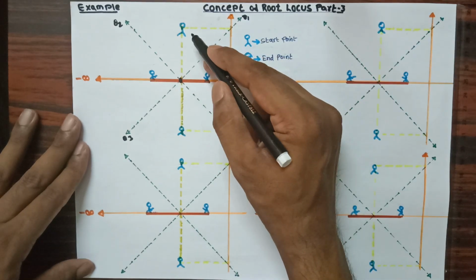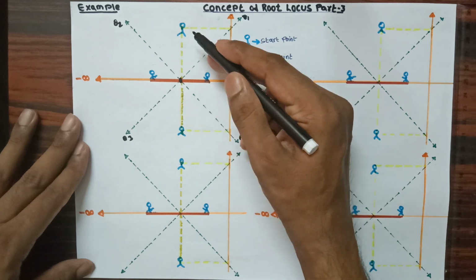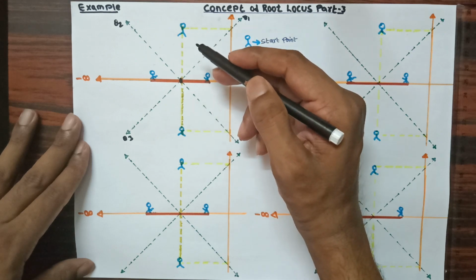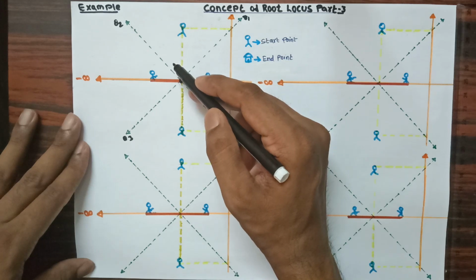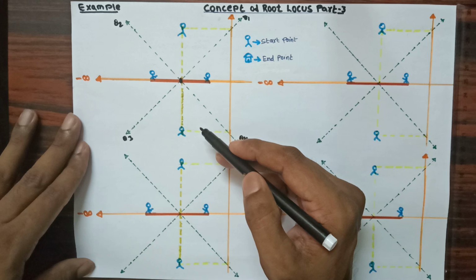There are some conditions that have to be followed by persons on the y-axis. Persons on the y-axis have to start with a given angle. Then after that they need to move towards the infinite destination by following the angles given to them.